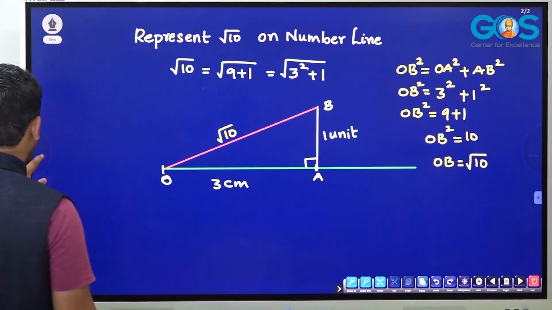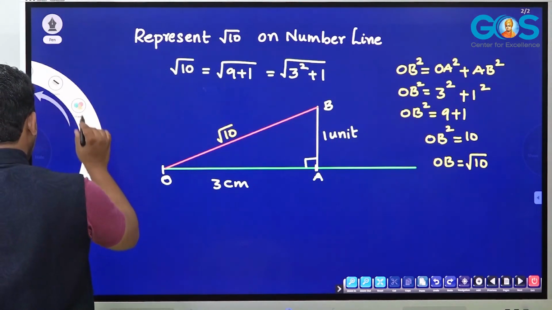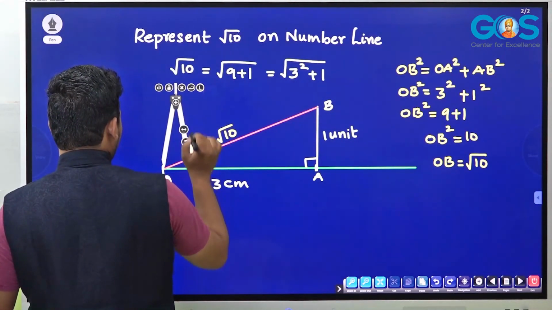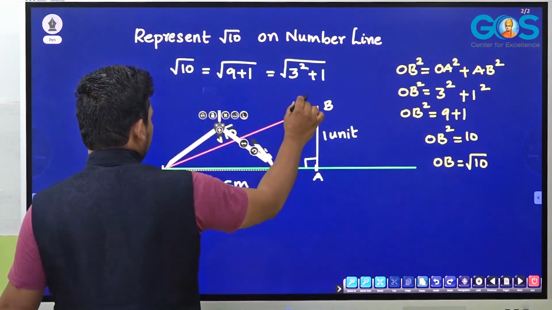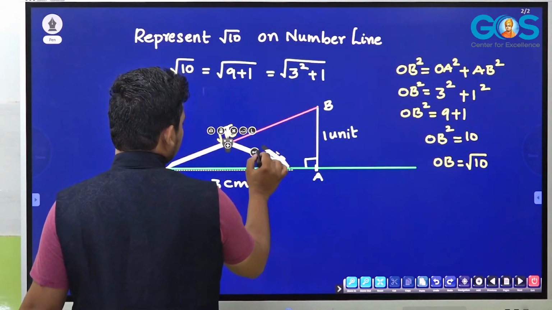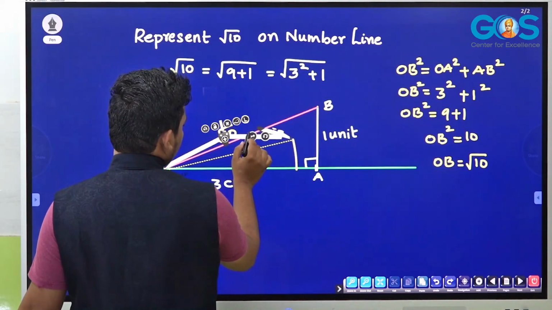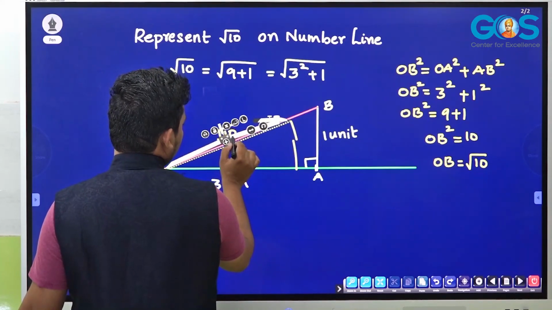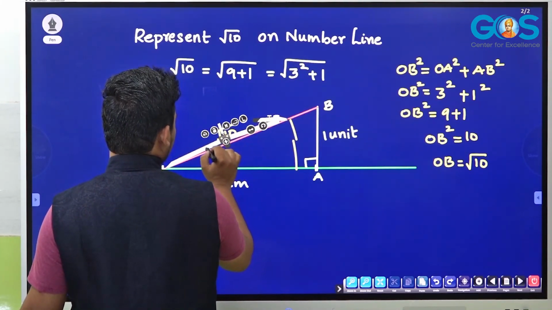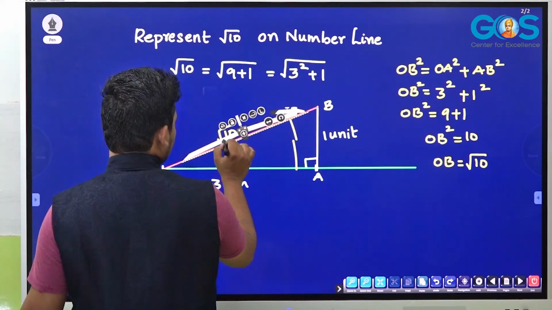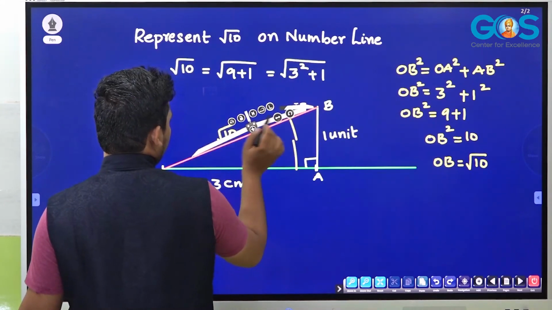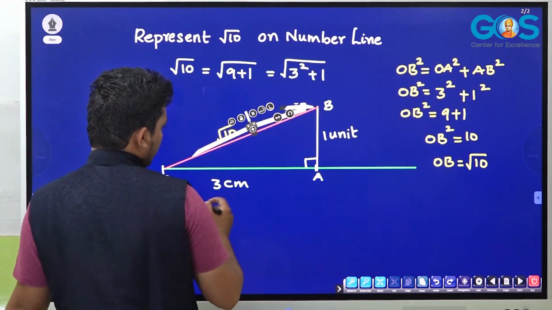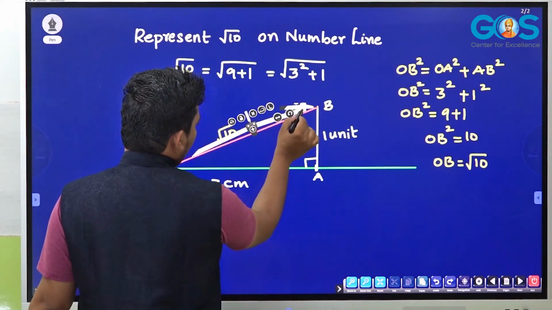Same as usual, with O as center, by using the compass, take the length of OB, and draw an arc.